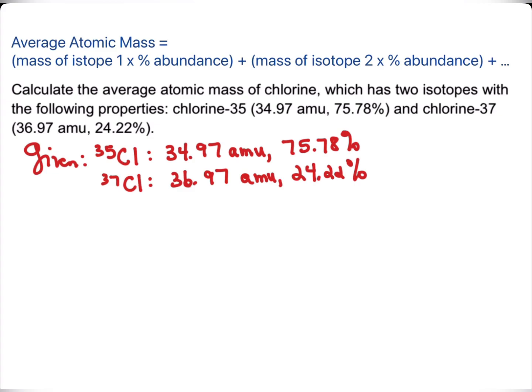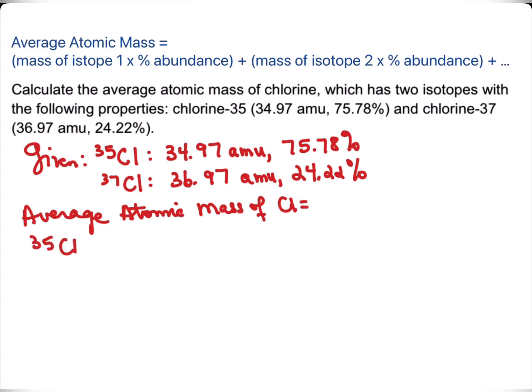But instead of writing my given information into the formula linear, I'm going to write them on top of each other so that my significant figures can be obvious. So, average, the first one is going to be 34.97.